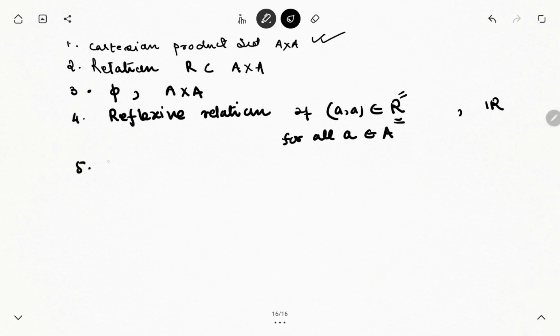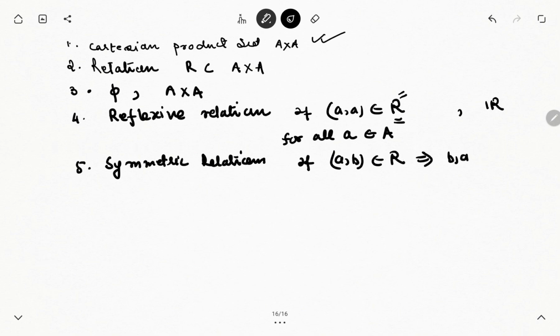Next, the symmetric relation. What is a symmetric relation? If (a, b) belongs to R implies (b, a) belongs to R. Example, 3 is less than 4. It is a relation, right?